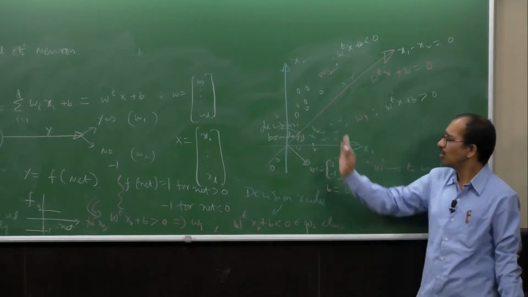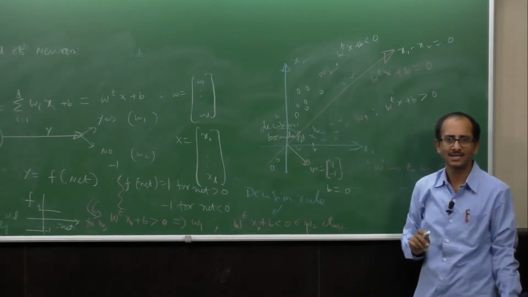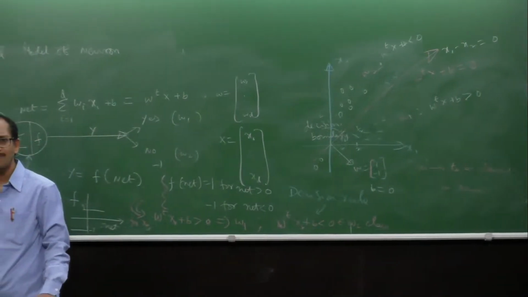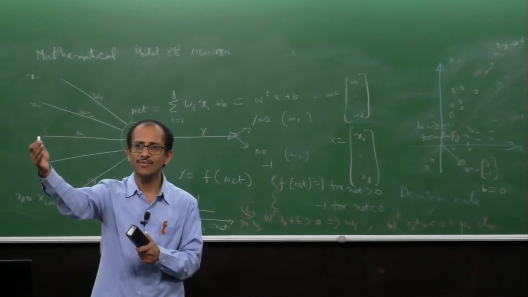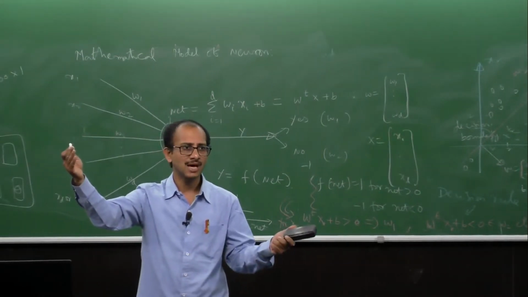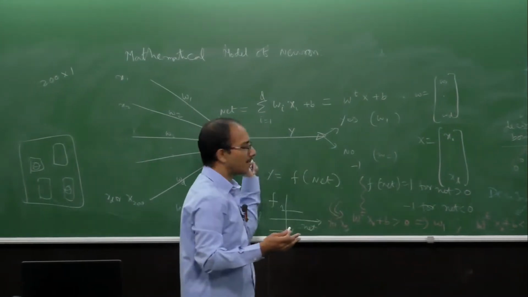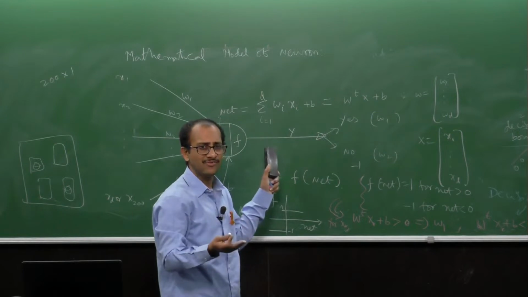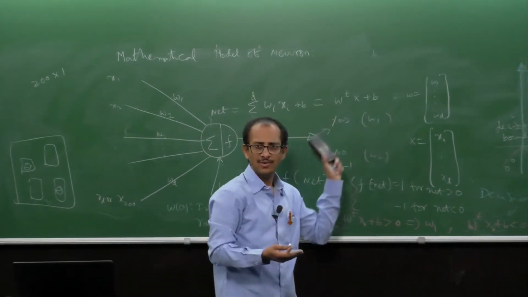We started with this decision boundary which is not classifying samples of class 1 and class 2 correctly, because when we start with a random weight initialization, most of the time all the class 1 samples will not be on one side and the class 2 samples will not be on the other side. That means we will not get a proper W and B such that this neuron classifies all class 1 samples as y equal to +1 and all class 2 samples as y equal to -1.